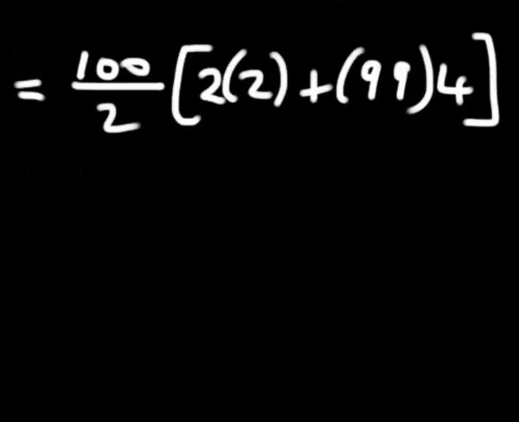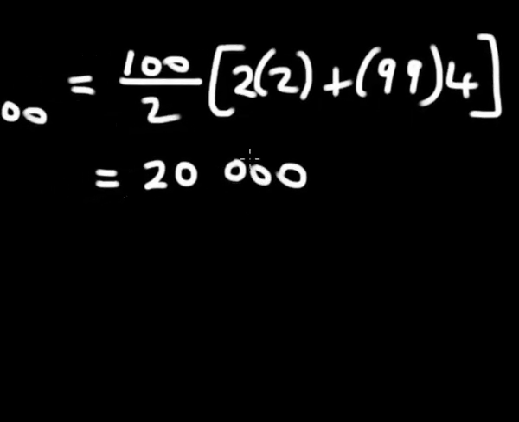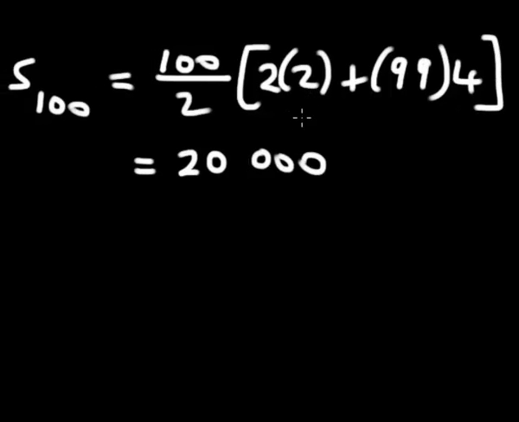If you work that out in a calculator, it comes to 20,000. So the formula Sn equals n over 2, (2a plus (n minus 1)d), helps us to determine the sum of the first 100 terms of the arithmetic series.